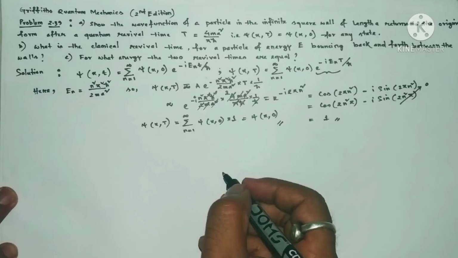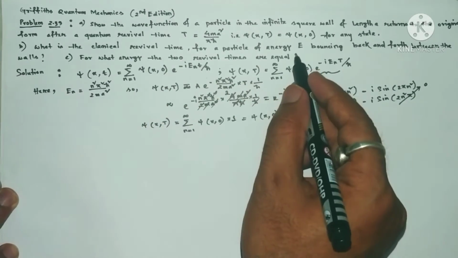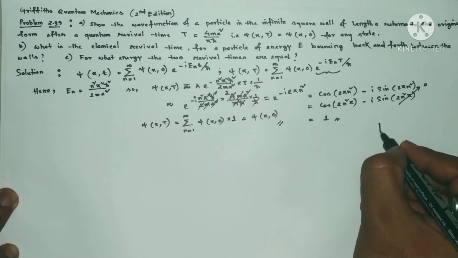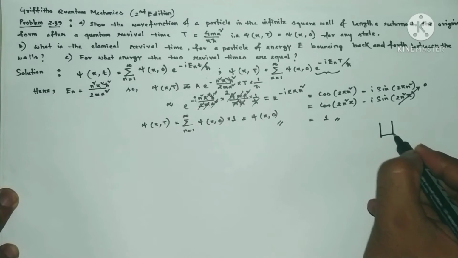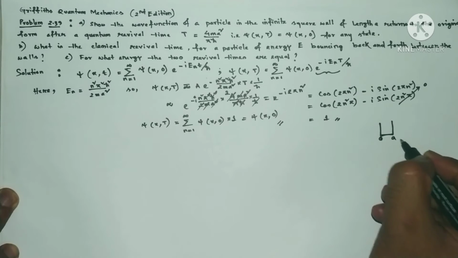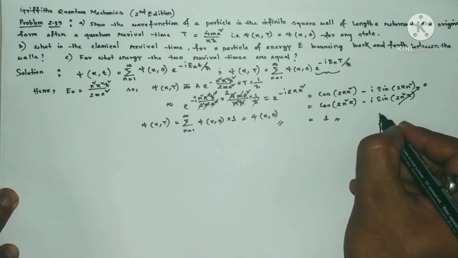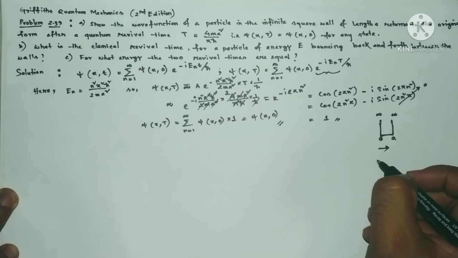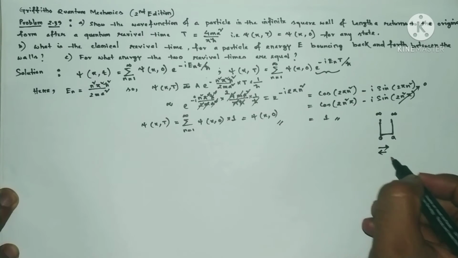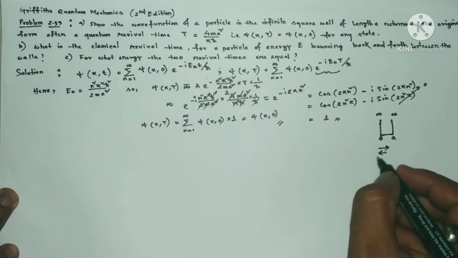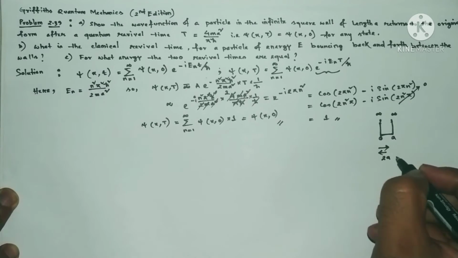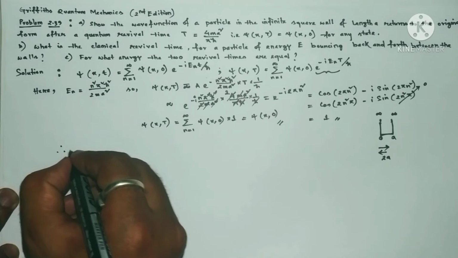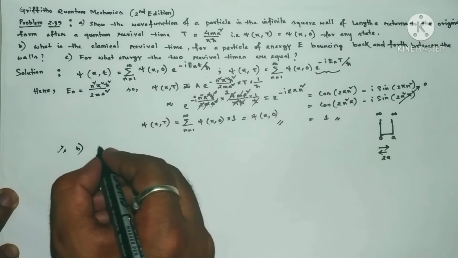Now the second question is, what is the classical revival time for a particle of energy E bouncing back and forth between the walls? Our potential is zero between 0 and a, and infinite outside. The particle goes back and forth, so the total distance traveled will be 2a.